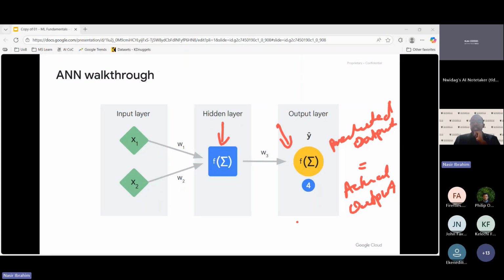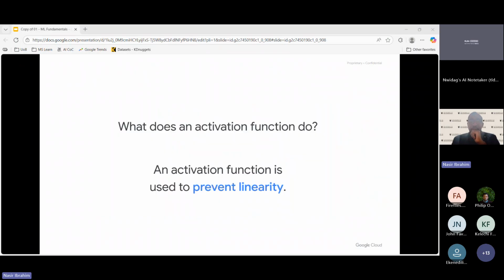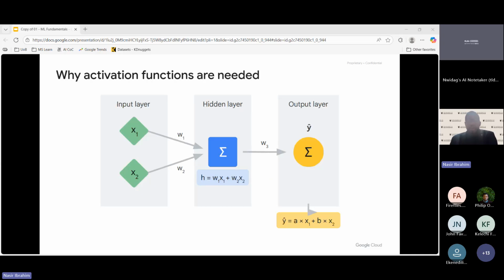Okay, so that is the fourth step that is done, determine the output based on the activation function that you apply on the output layer. Now let's go back and see what an activation function does. Basically, in short, an activation function is used to prevent linearity. If we go back to the equation, we know that in order to determine the value of the hidden layer, it's basically a linear equation that we apply.